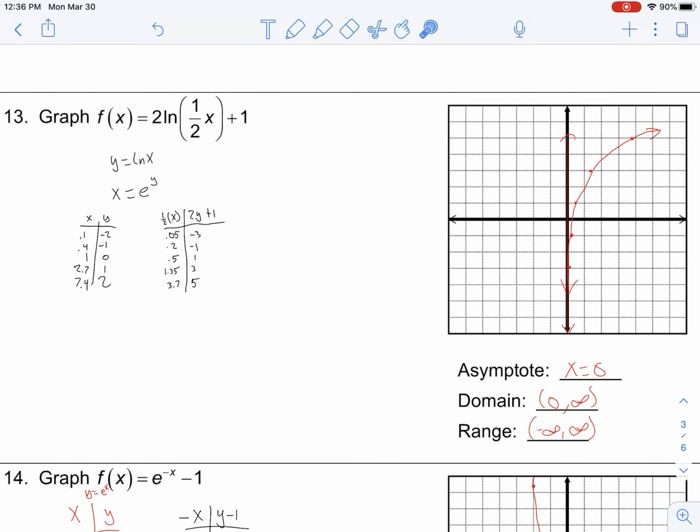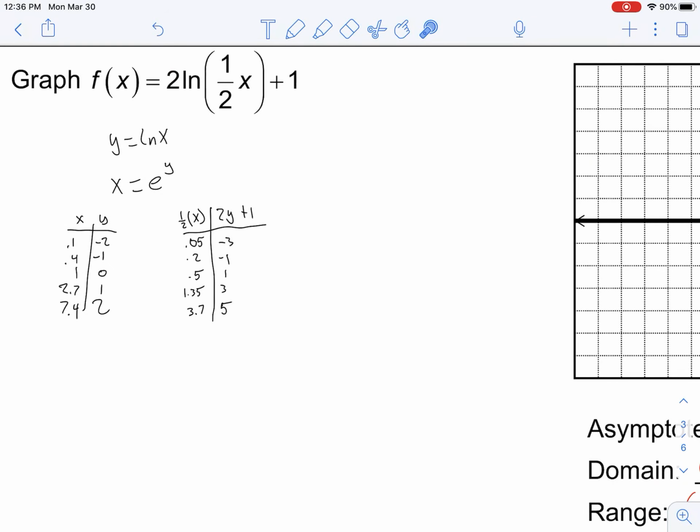So I have 2 and 1, so 2y plus 1, and 1/2 of x. So 1/2 of 0.1 was 0.05, 1/2 of 0.4 was 0.2, 1/2 of 1 was 0.5, 1/2 of 2.7 was 1.35, and 1/2 of 7.4 is 3.7.